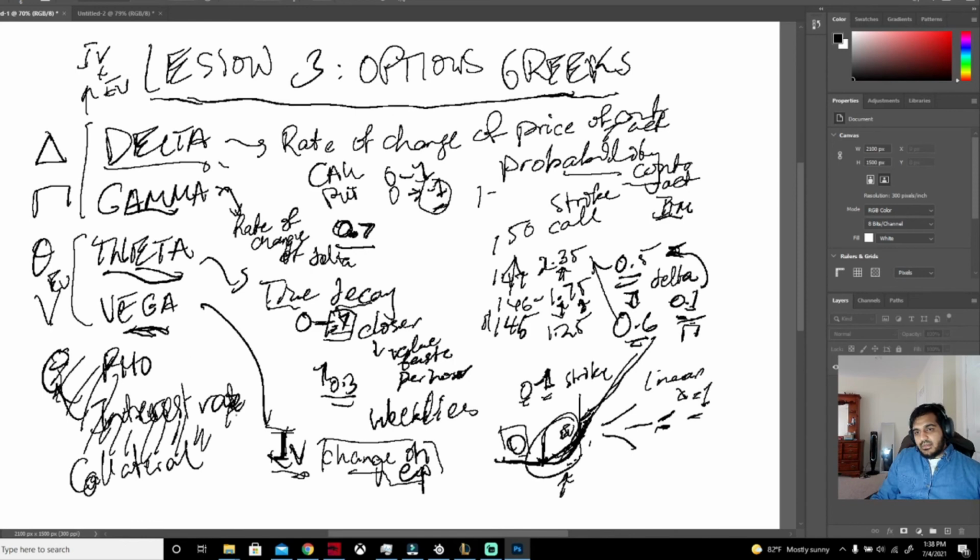Okay, so those are the options contracts, Greeks, and that's kind of how you look at it. You basically look for things that have deltas of 0.7. That's going to be close to in the money. And you look for a theta of less than 0.3.